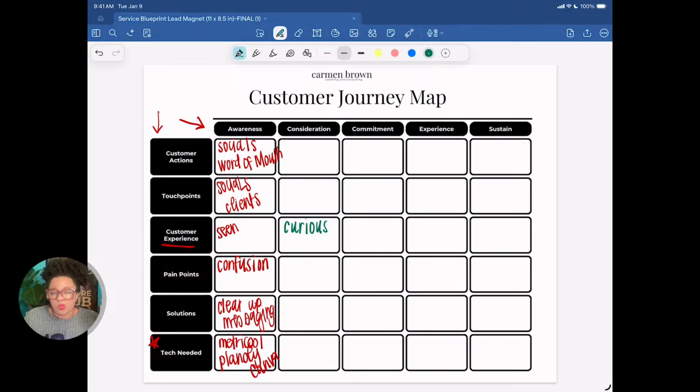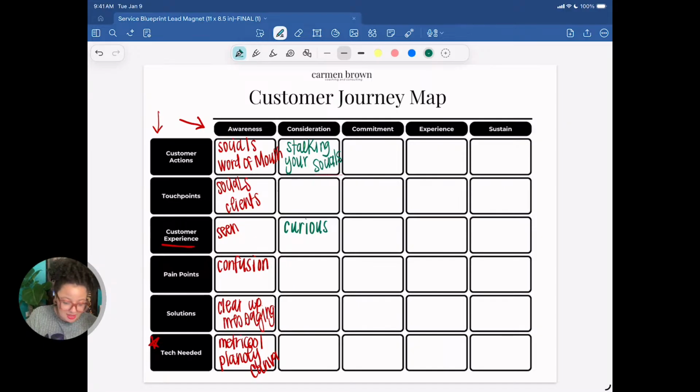Now, what are their actions? What are your client's or customer's actions? Let's see. If we are at the consideration phase, maybe they are stalking your socials. Or they're talking to the person who recommended you.